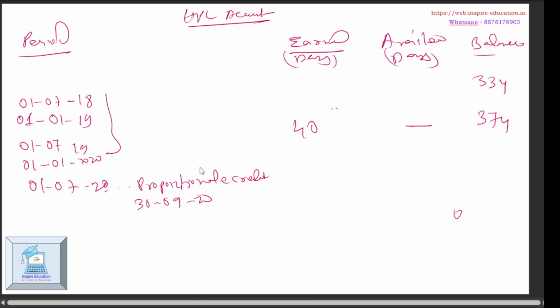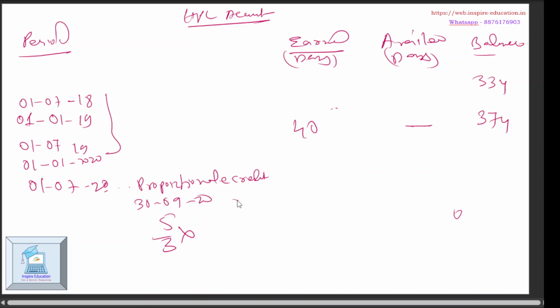So for EL we were crediting 5/2 days. For HPL we will be crediting 5/3 into number of completed months, that means from July, August and September.